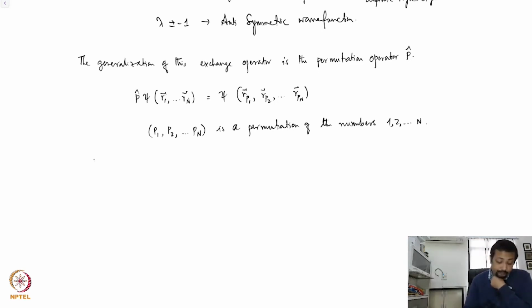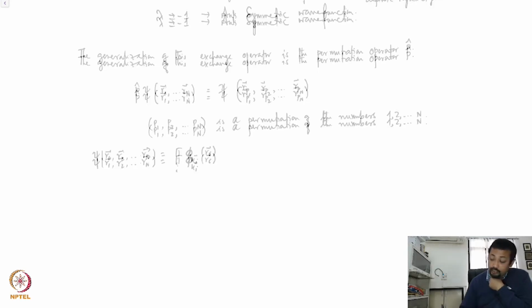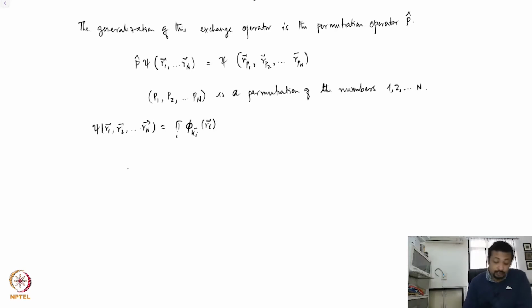So starting from the many particle wave function without any definite symmetry, which was a product over i of phi of k_i r_i, we can construct symmetric wave functions by operating the permutation operator on psi of r1 to rn, and the sum over p.